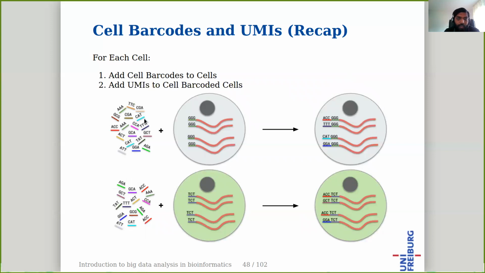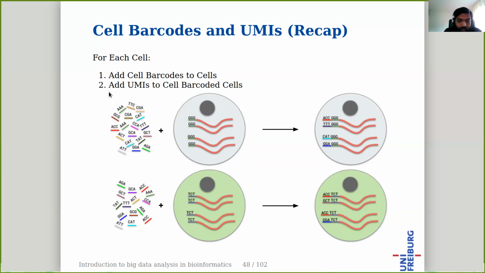Then comes the UMIs, and UMIs are added to the barcoded cells. So there may be the same set of UMIs for these two cells, because we can already distinguish cells by the cell barcode.